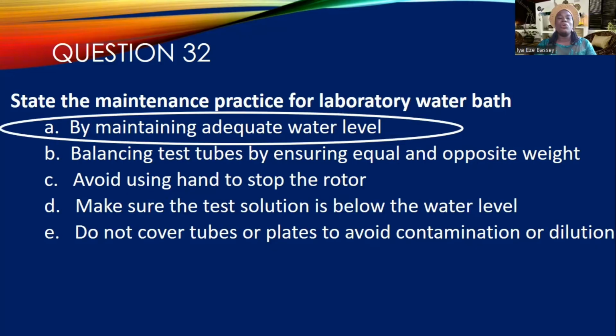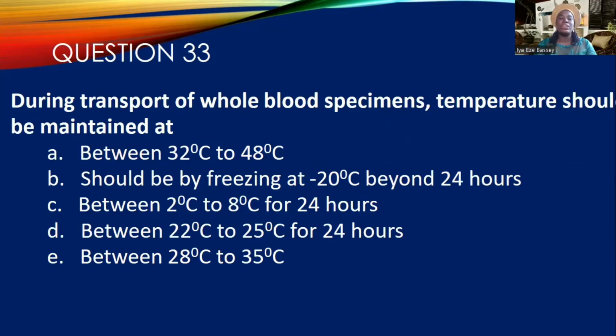So A, you always maintain an adequate water level so that the coil for the water bath does not go dry and burn up. Question 33. During transport of whole blood specimens, temperature should be maintained at A, between 32 to 48 degrees centigrade.